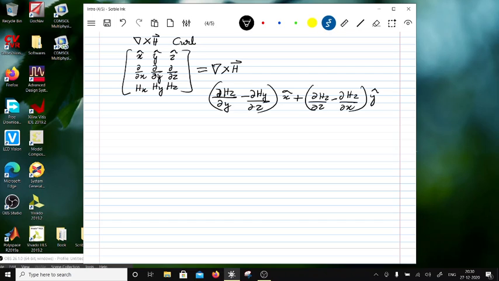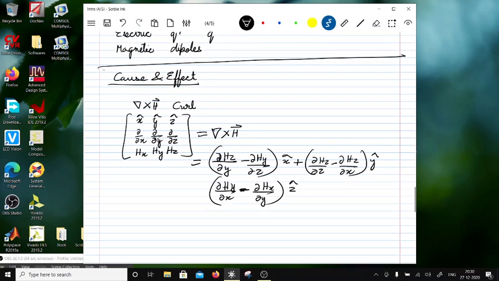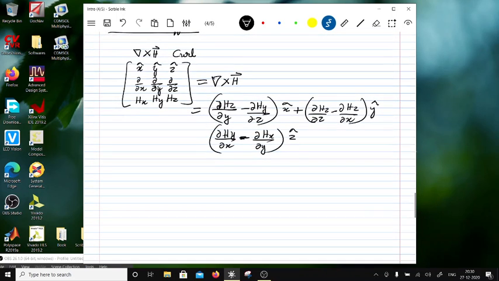Okay, and then I would have dou hy by dou x minus dou hx by dou y, times z. So this would be the definition of curl in a rectangular coordinate system.